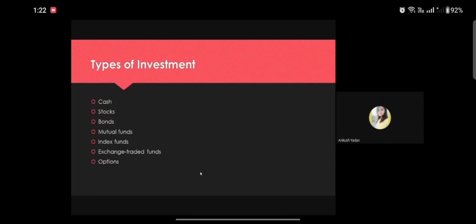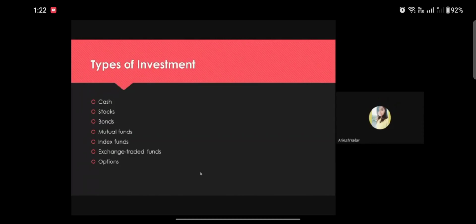If the stock prices go up or down, the index price will also fluctuate accordingly. And in a mutual fund, you have to pay an annual fee to invest, and in an index fund, the annual fee will be much lesser.